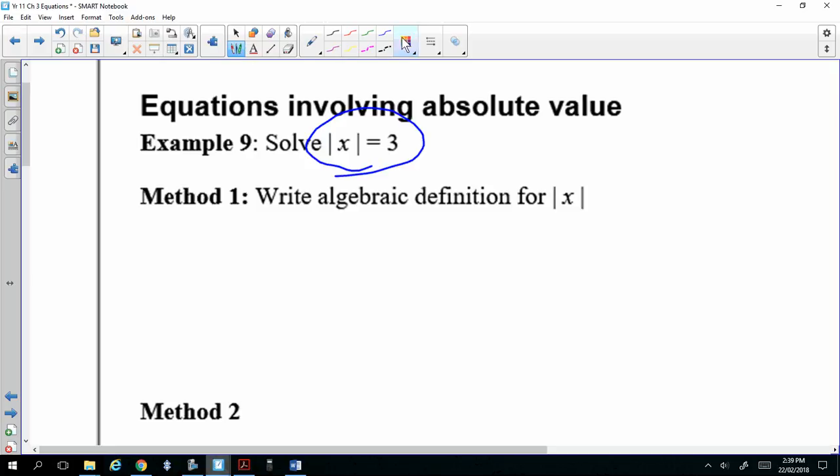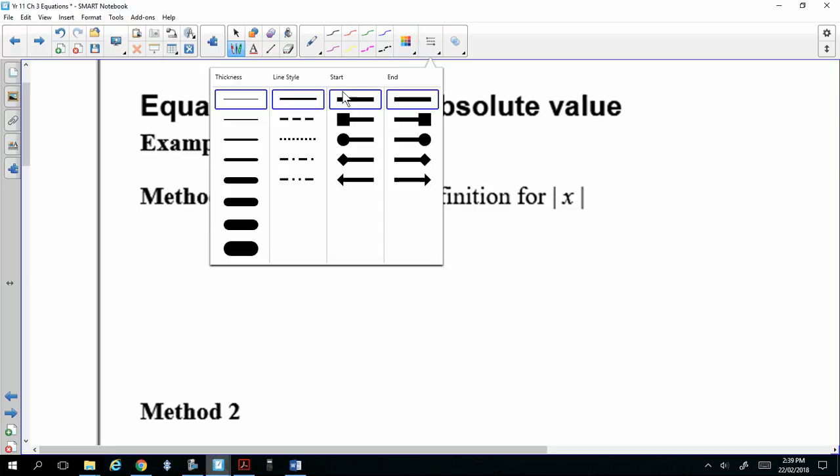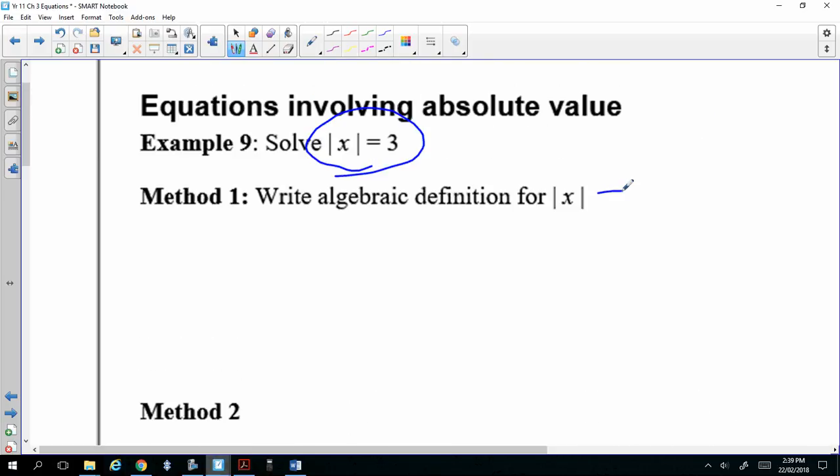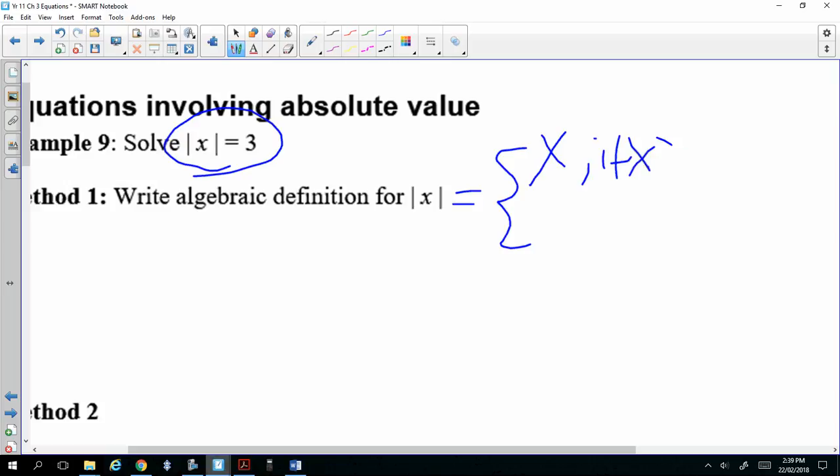Okay, so to do this, let's use the definition of absolute value of x. You may recall the absolute value of x is equal to x if x is positive, and negative x if x is negative.